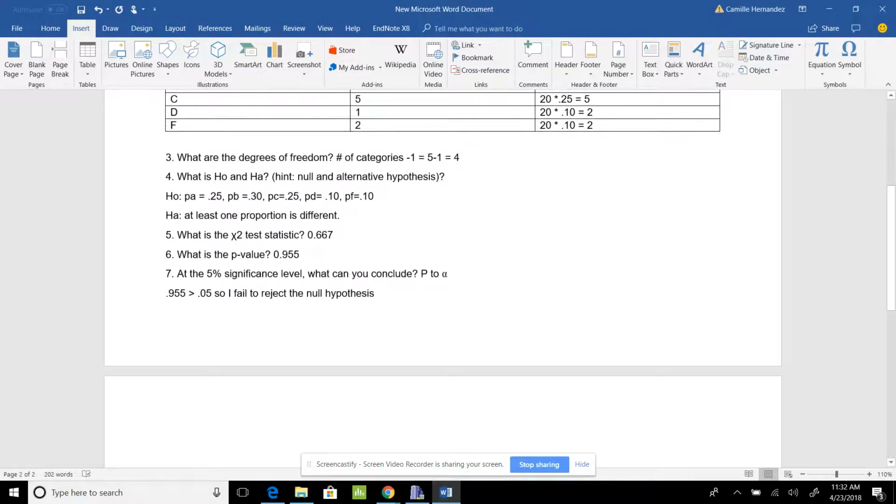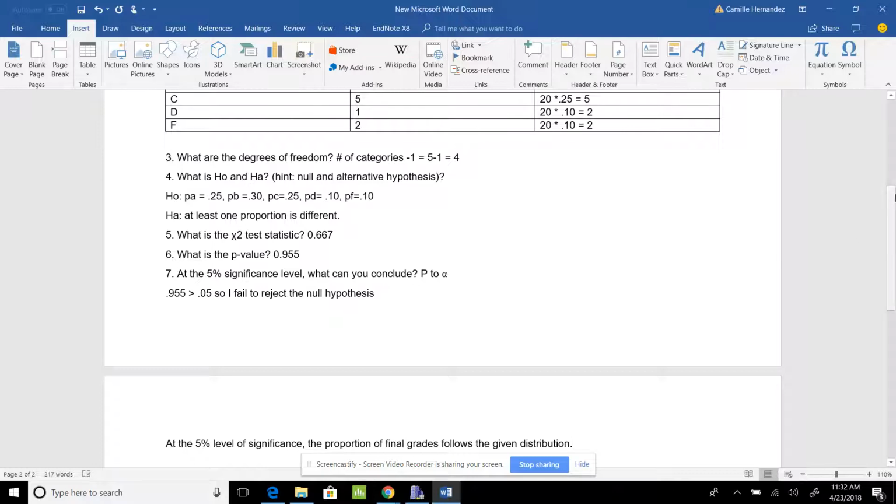So I'm going to say at the 5% level of significance, or significance level, you can say it any way that you want, the proportion of final grades follows the given distribution.